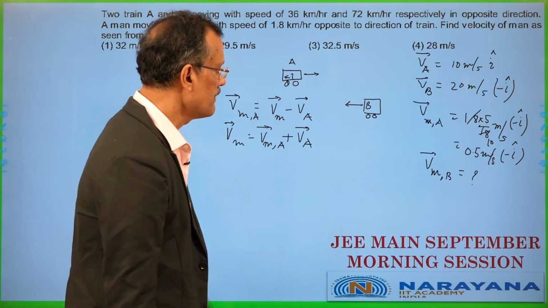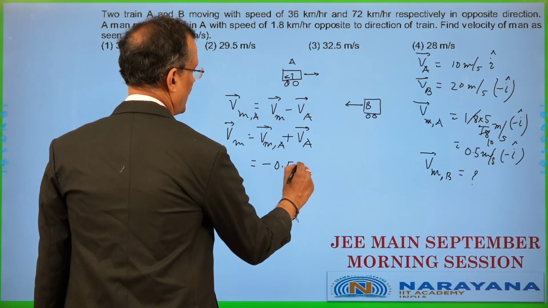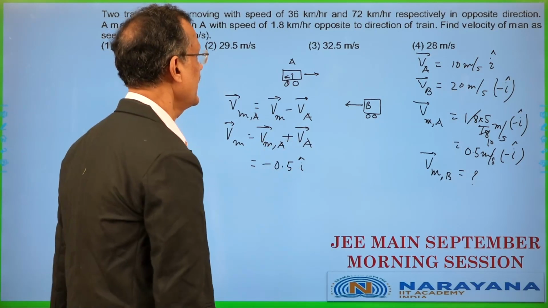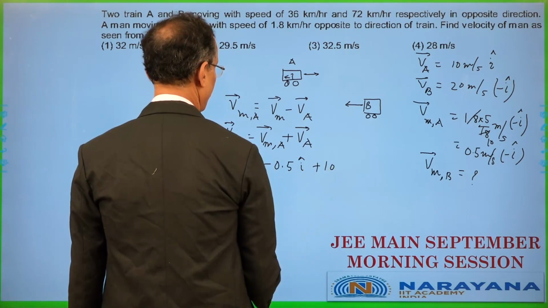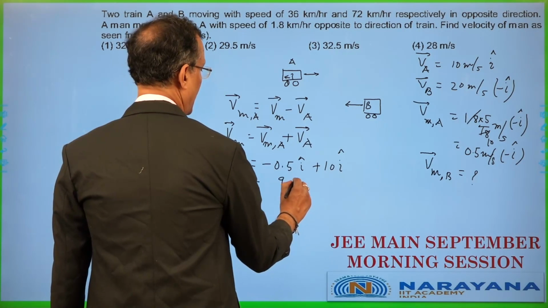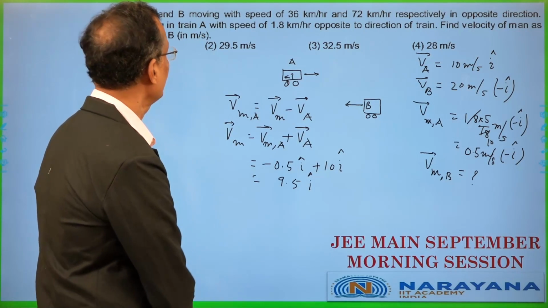Vma is minus 0.5 I, and Va is plus 10 I. You are getting 9.5 I. Clear to you?